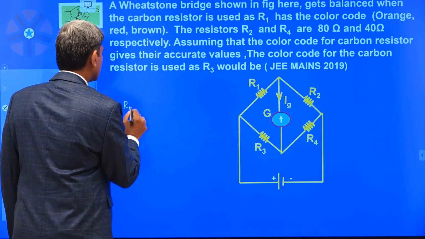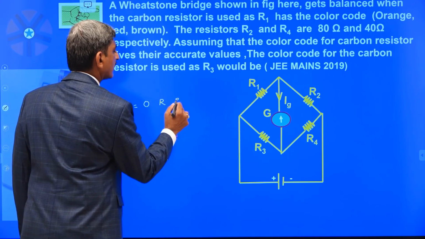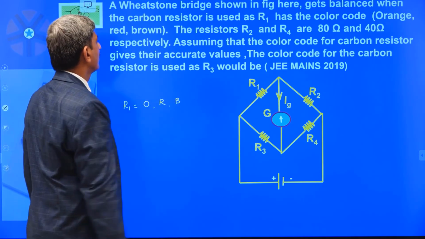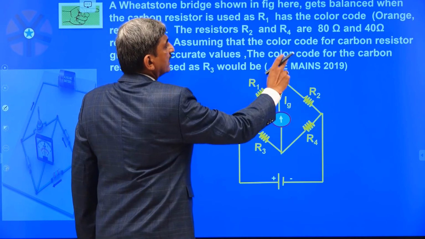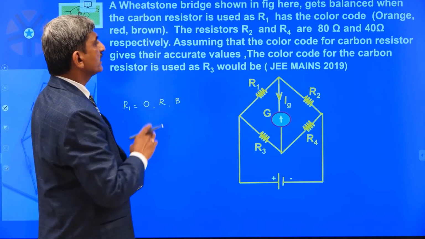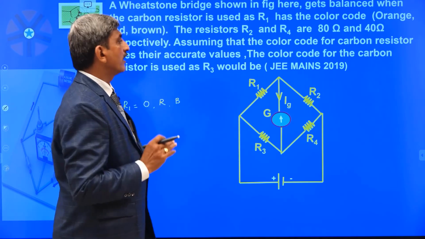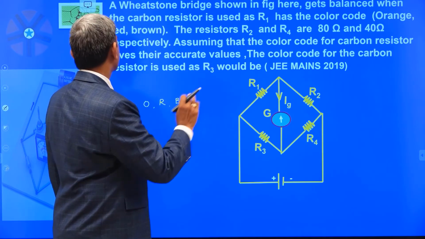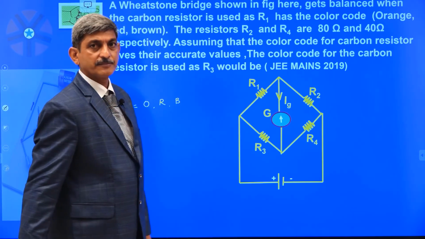For R1, the color code is orange, red, brown. The resistors R2 and R4 are 80 ohms and 40 ohms respectively. Assuming that the color code for carbon resistor gives their accurate values, the color code for the carbon resistor used as R3 would be dash.